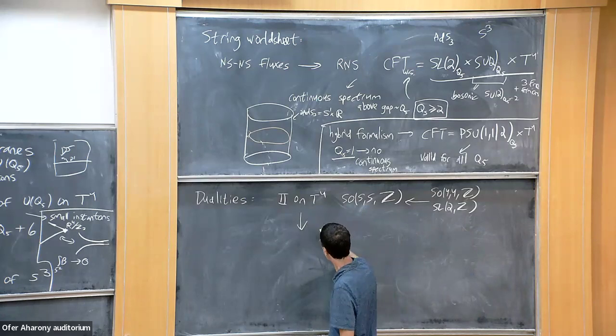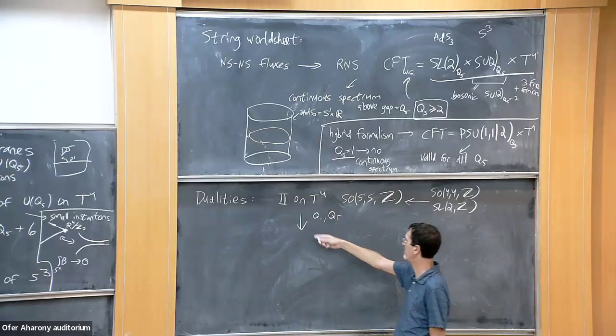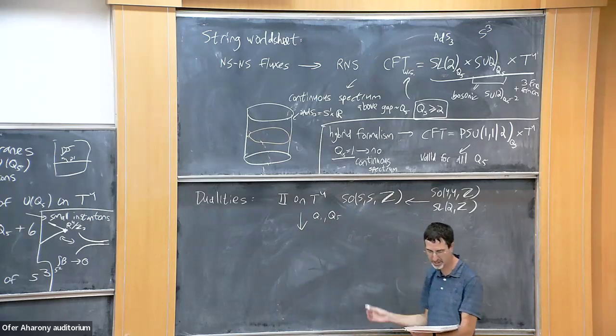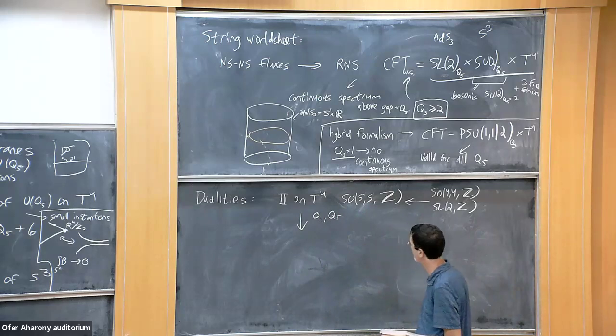Now, we're looking at a specific background here where we also have these Q1 D1 branes and Q5 D5 branes. So, of course, generally this SO(5,5) symmetry mixes their charges and turns them into other charges. So general SO(5,5) transformations take us out of this specific choice of Q1 and Q5.